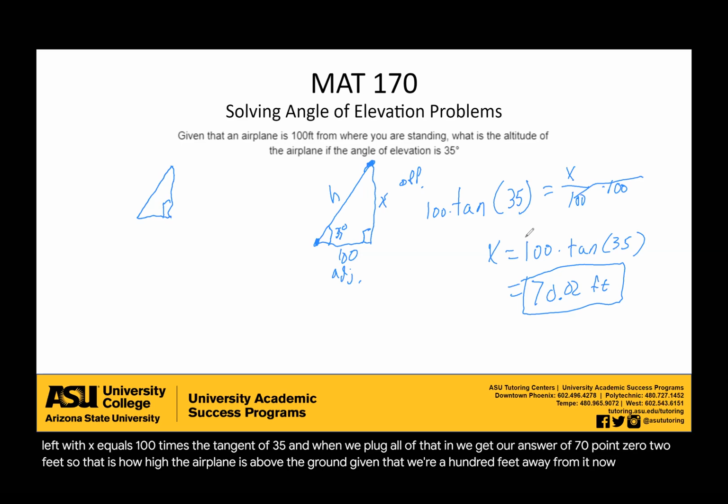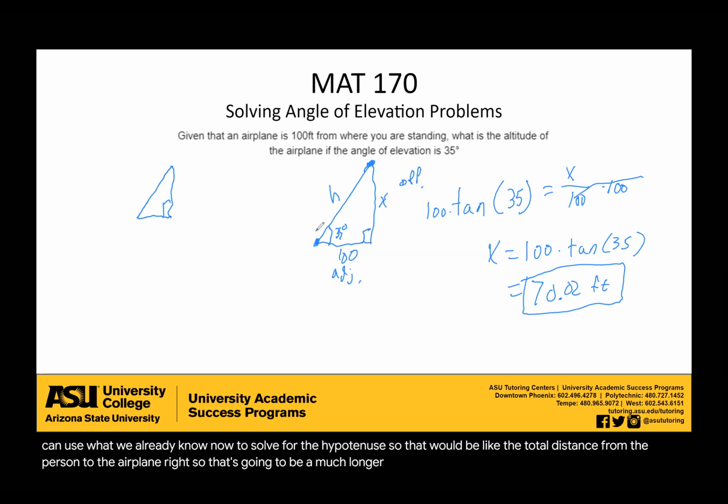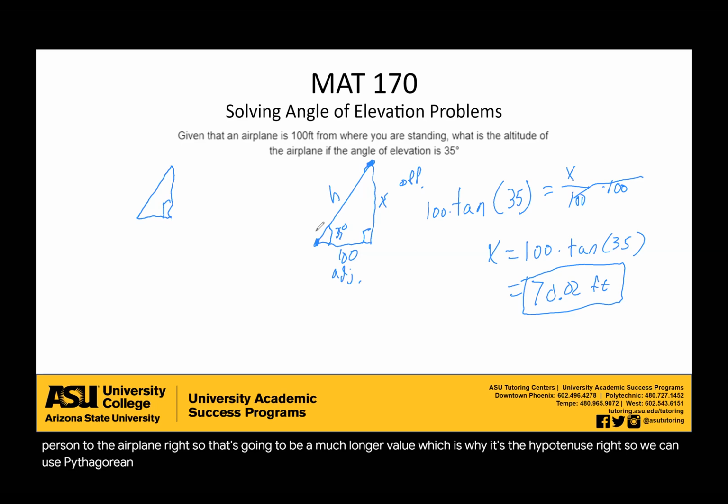With this, we can use what we already know to solve for the hypotenuse, which would be the total distance from the person to the airplane. That's going to be a much longer value, which is why it's the hypotenuse. We could use the Pythagorean theorem or anything like that.